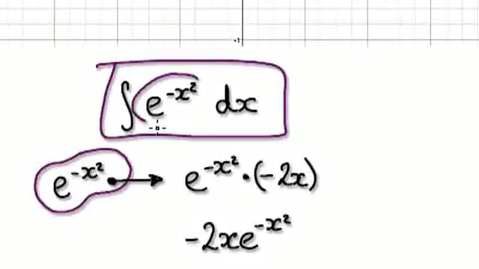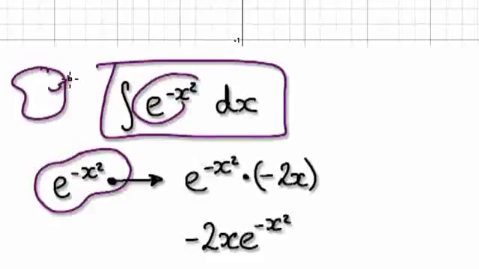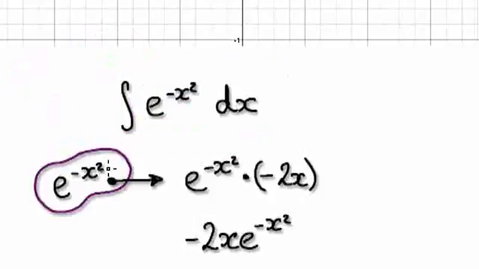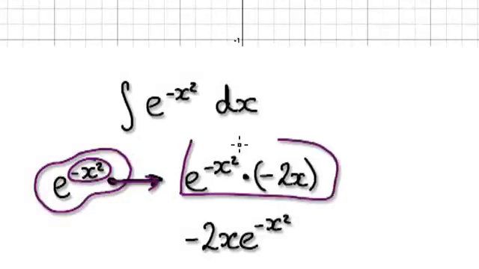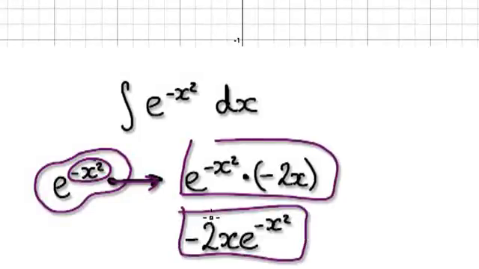Okay, so we need to search for something such that when we differentiate it, it will give us this thing here. So let's use our normal technique. Make an initial guess. Let's imagine this as a bubble. Differentiate it, and when you tidy up, it will give you this thing here.